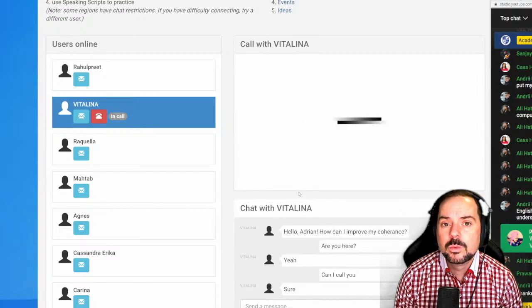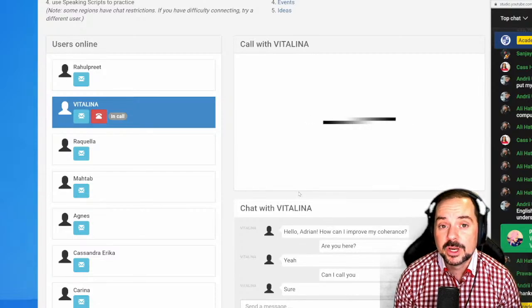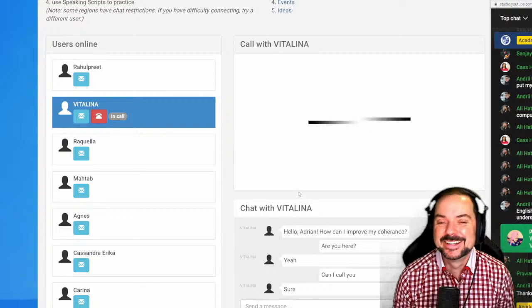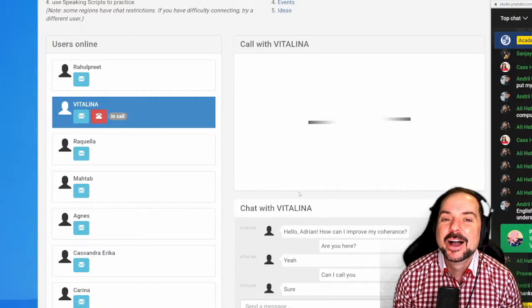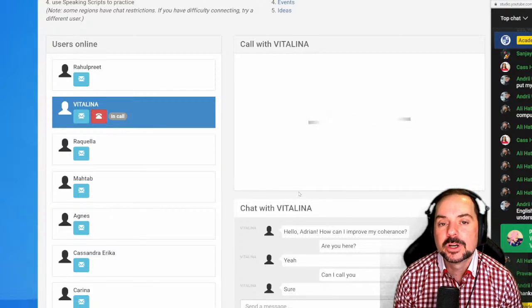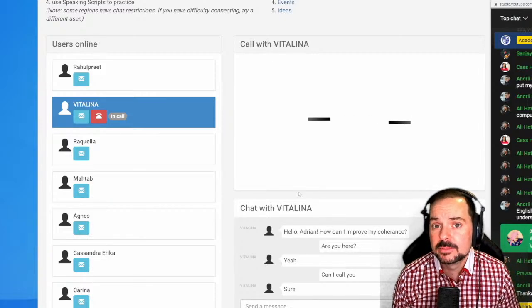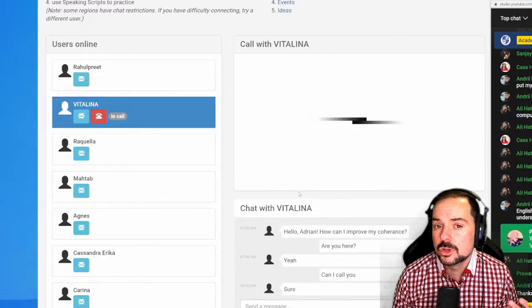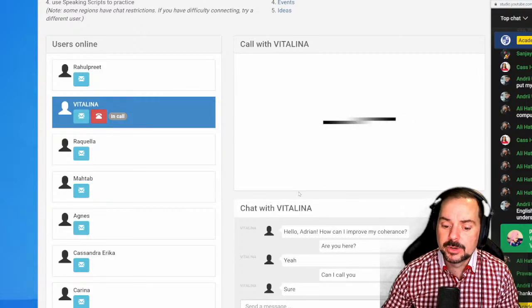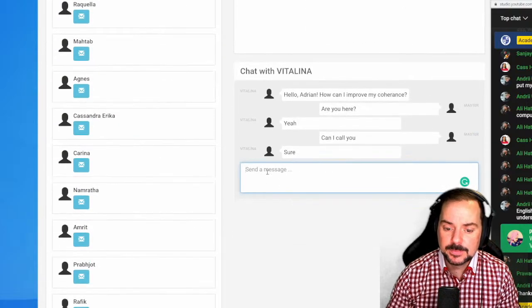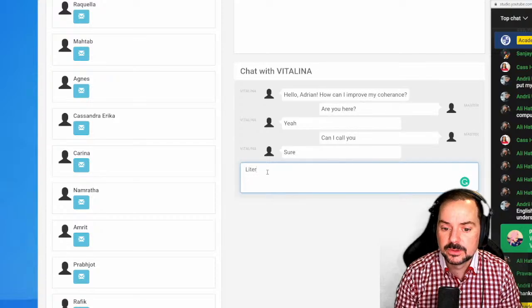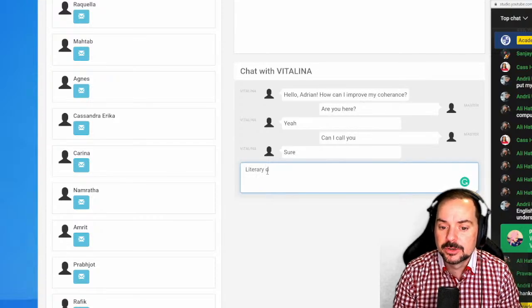One way to improve your coherence without going into 10 years of essay writing is to go back to these foundations of writing principles and revisit them, and then think about how you can use these tools, what are called literary devices. Let me put this into the chat here.